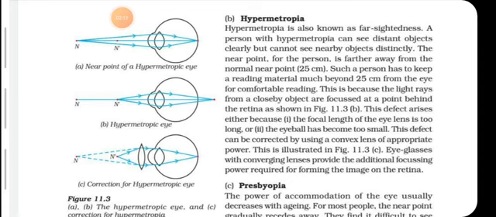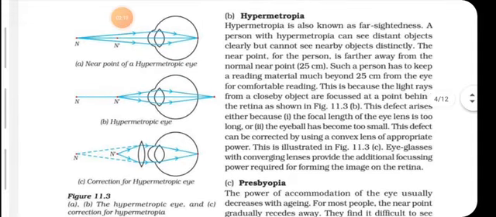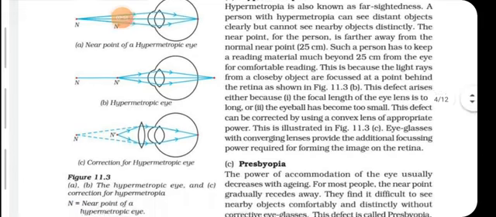See students, in the myopic eye, the image was formed before the retina. Over here, the image is formed beyond the retina. And for the correction of a hypermetropic eye, we use a convex lens. Fine students, I hope you are clear with this.